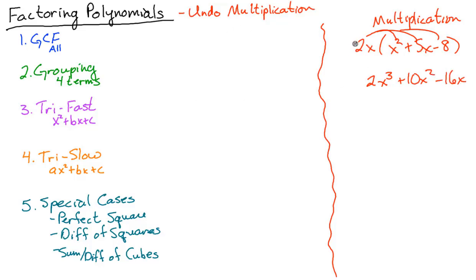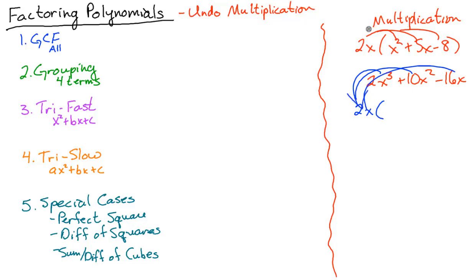That was distribution. So if we're going to go backwards on that, we're going to see what is the greatest common factor of these three. And that was like, hey, somebody jumped in a 2 everywhere. And then an x is in everywhere as well. And then we pull that 2x out.